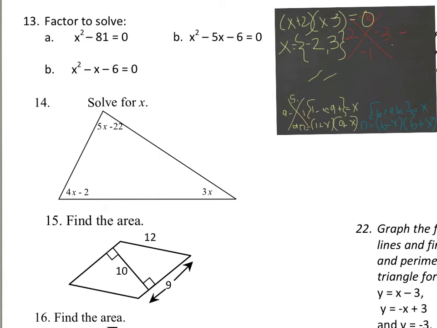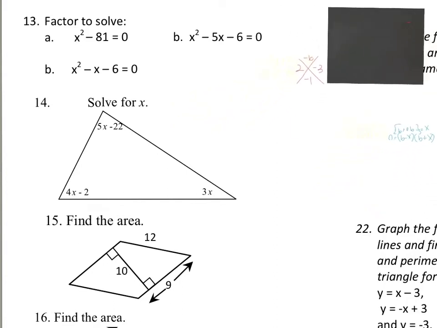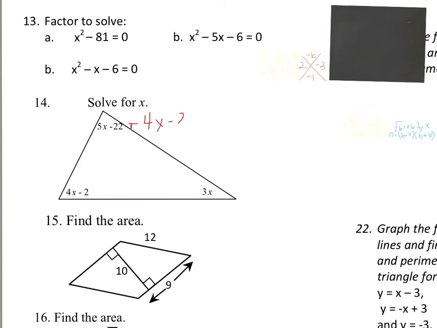All right, let's go ahead and look at this little guy here. For 14, we are solving for x, so I need to add them all up and equal 180. So I'm going to add that plus 4x minus 2 plus 3x is equal to 180.